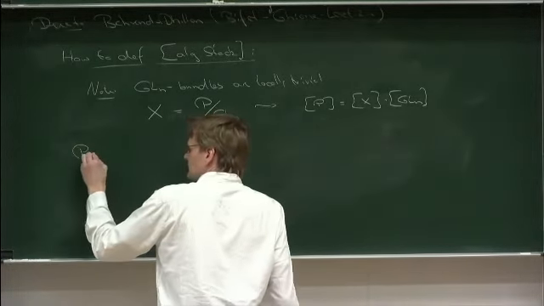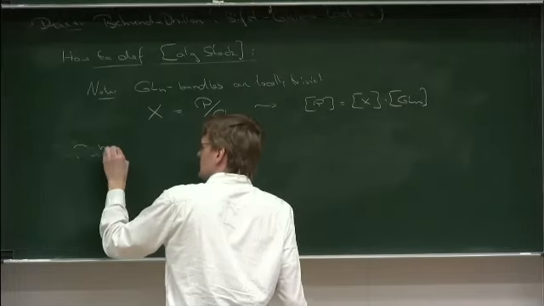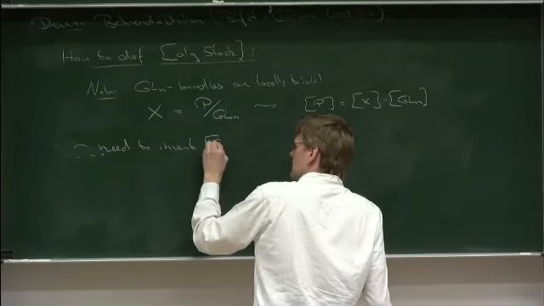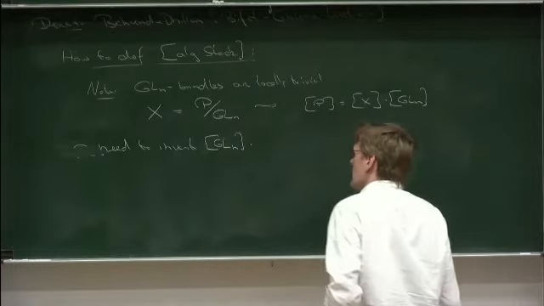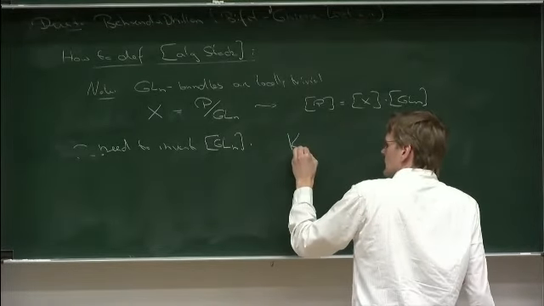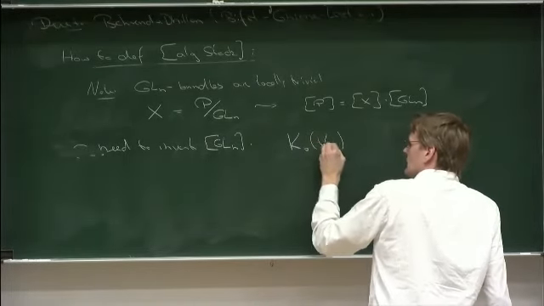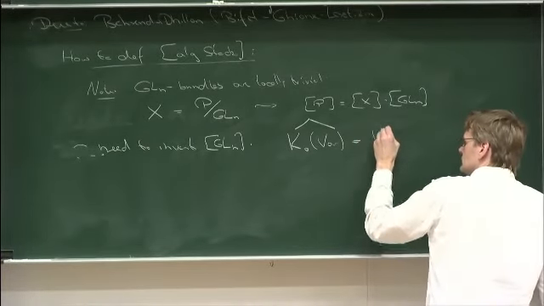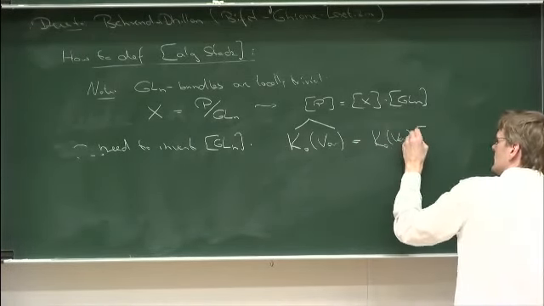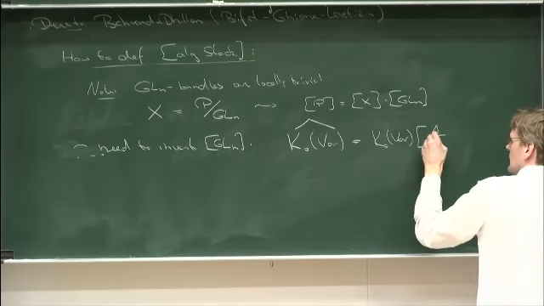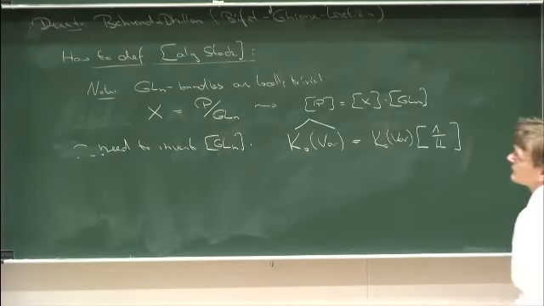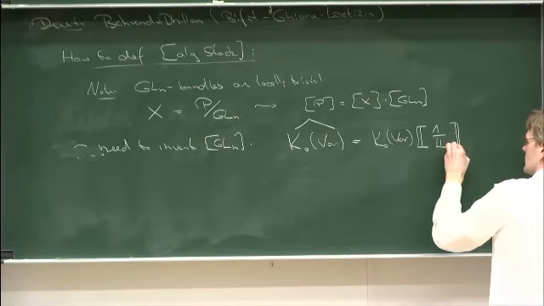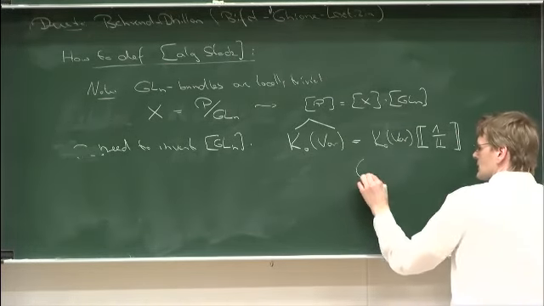We need to invert the class of GLN, and this we do in this ring. Take this ring, and then you invert the class of the affine line, and then you complete. This is called the dimensional completion.